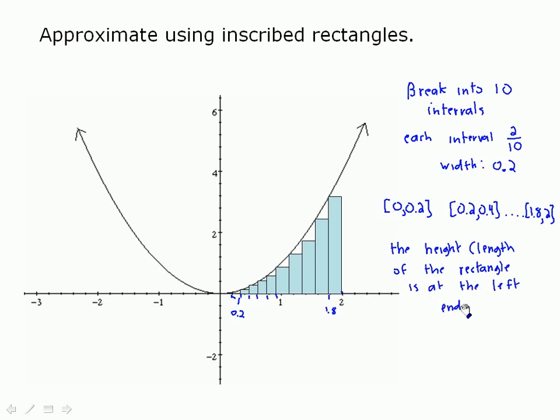So this means that in each case, if we're trying to work out the height or the length of the rectangle, it's the left endpoint of the interval that we're concerned with. And, you know, the idea really is that we're trying to get a formula so that we can calculate the area of each one of those. So I'm going to get a little bit more space to work, and then let's see where this takes us.